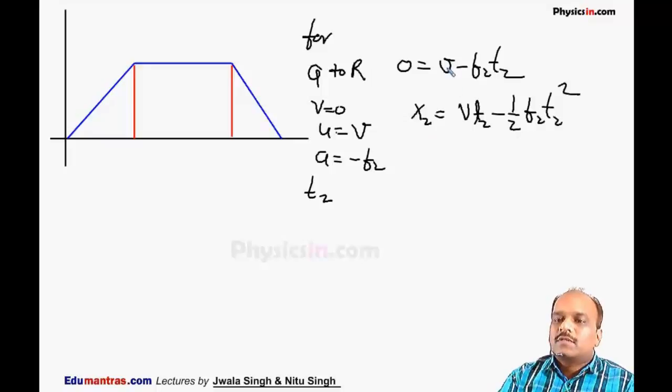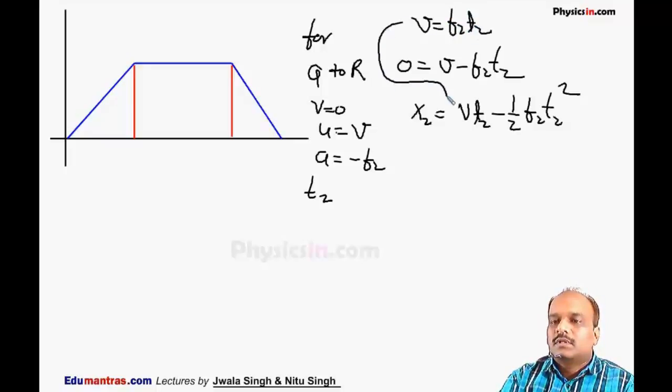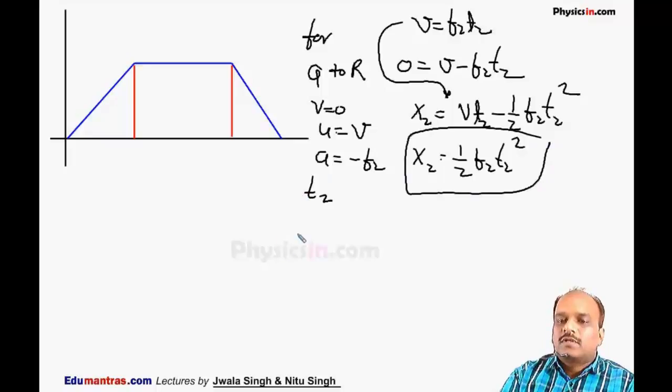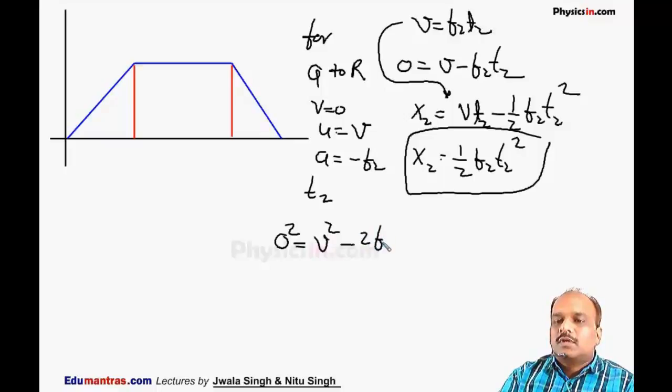Now I can substitute the value of v, means v is equal to f2 into t2 here. In this expression I will get x2 as 1 by 2 f2 into t2 square. Also the final velocity means 0 square is equal to v square minus 2 f2 into x2.